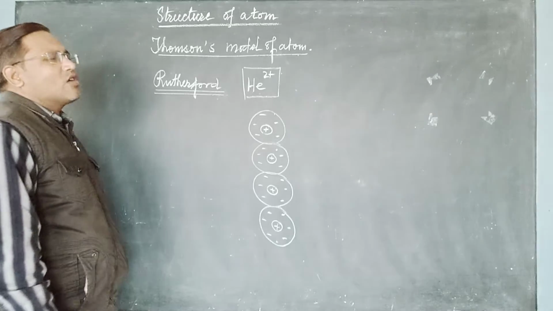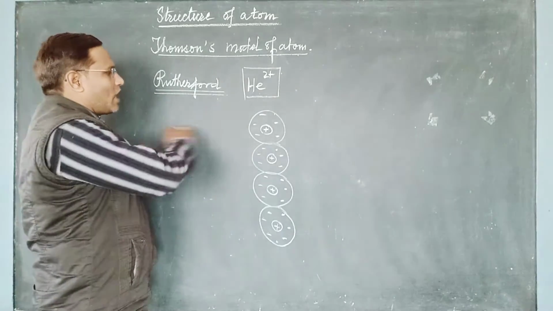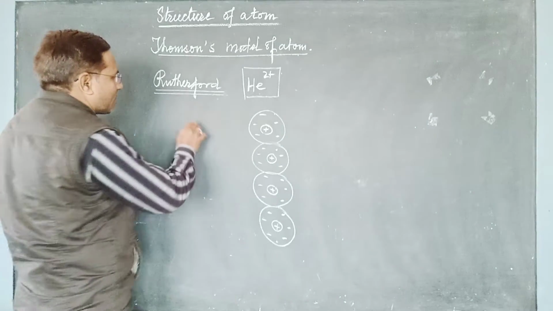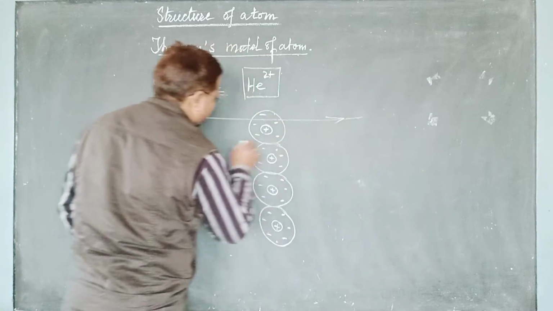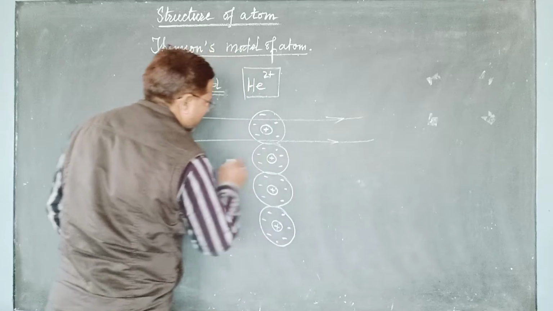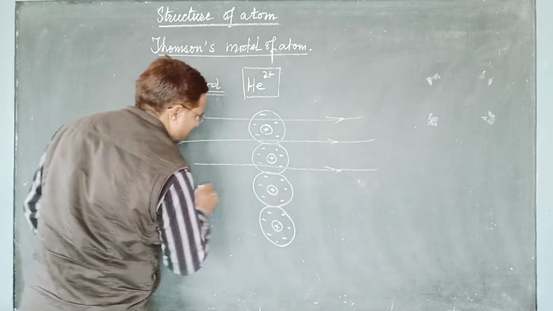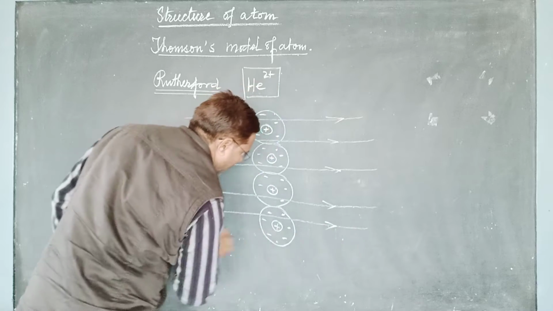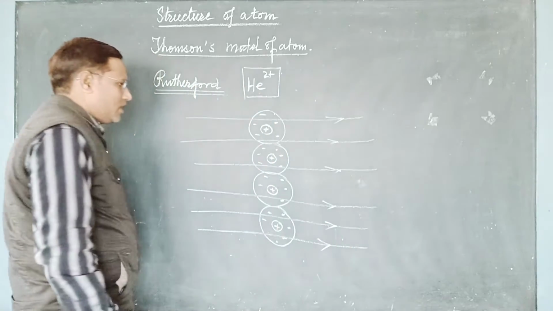Then he allowed so many alpha particles to pass through them. Then it was observed that most of the alpha particles passed straight, undeviated.